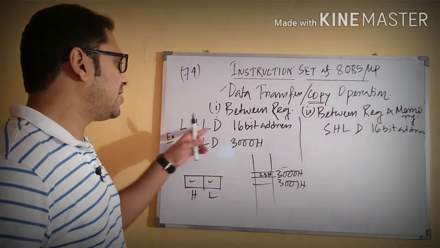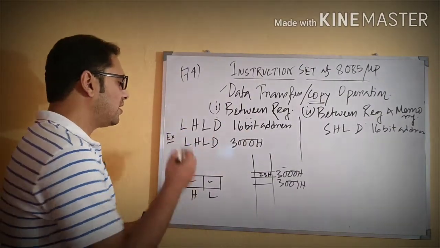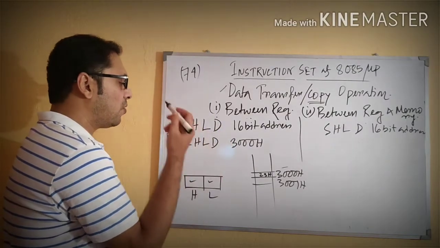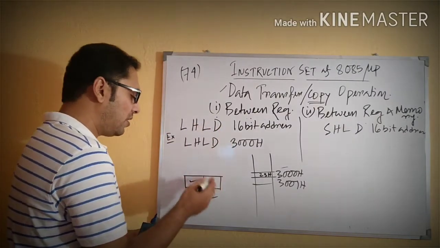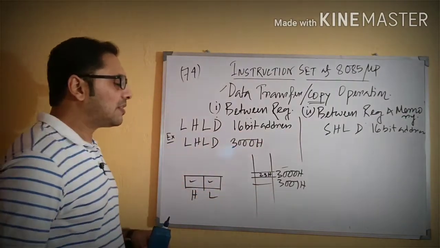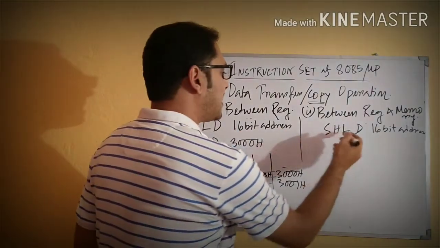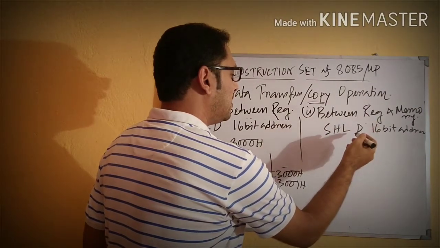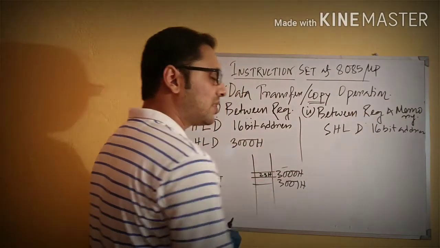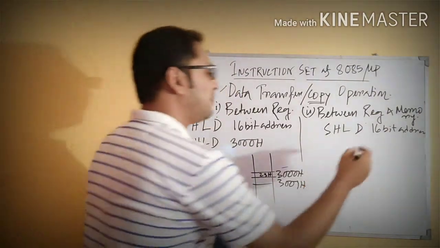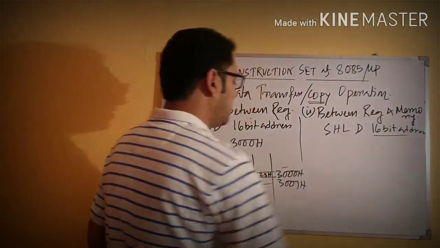We are talking about LHLD and SHLD. LHLD means load HL register pair directly. So the question arises, from where do I want to load my HL register pair? The answer is a 16-bit address. Similarly, SHLD means store HL register pair directly. Once again the question arises, at which location do I want to store? So the operand is a 16-bit address.